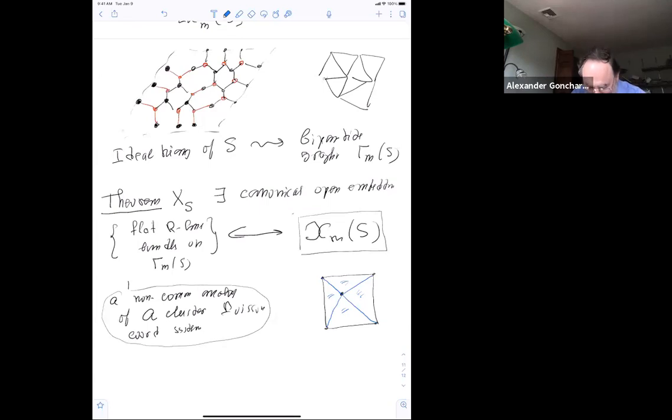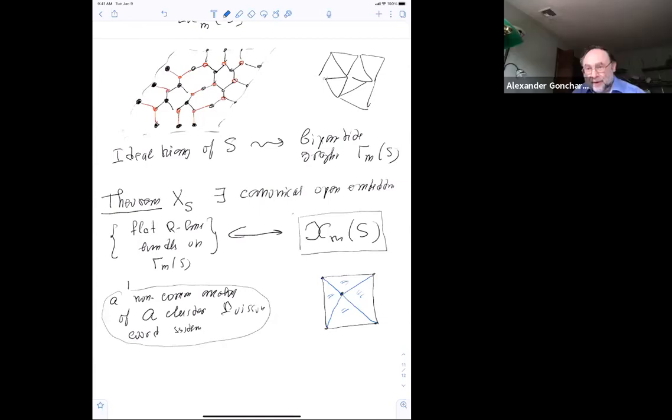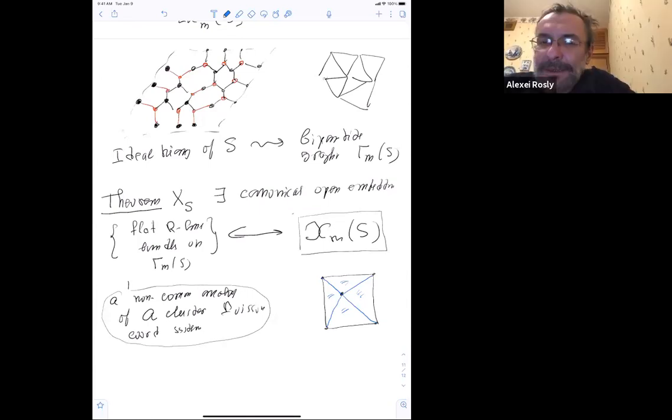So you are just right. The whole point is that you can express, as Boris said, n-dimensional flat connections as one-dimensional flat connections on a different topological object, which at the moment is presented to us as a graph, but can also be presented to us as a different surface, the spectral surface. Yes, very interesting. Okay, thank you.